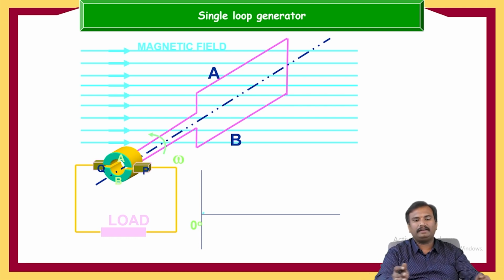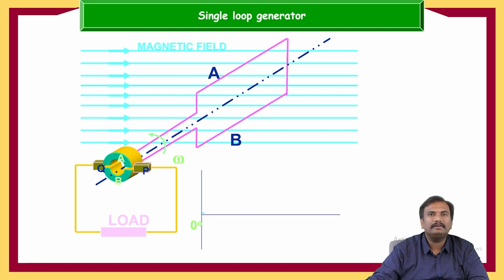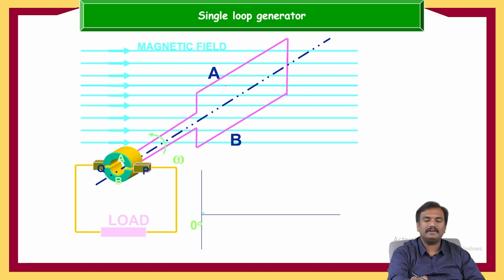When it is at exactly 0 degrees to the magnetic field, according to Faraday's law, it has to induce a voltage, and that voltage is proportional to the rate of change of flux linkages. At the 0 degrees position, the flux linkage is very small. We are considering it as 0. So the value will be 0 here.